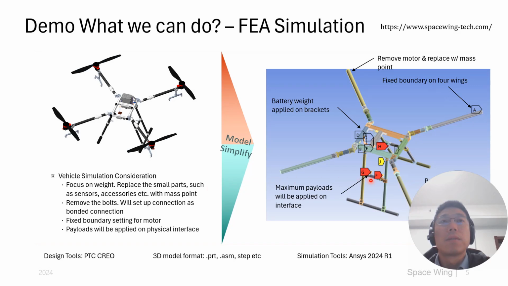Okay, so at a high level, for the 3D model for the simulation, we will keep the main structure of the frame, the tripod, and the arms. We will apply all the payloads and all the battery weights at different positions of the 3D model.